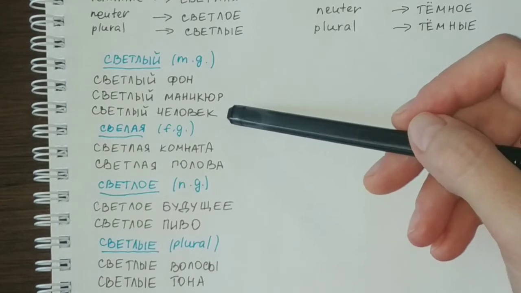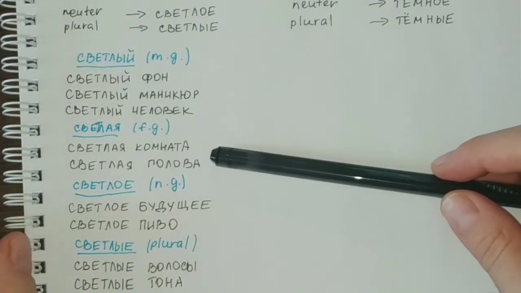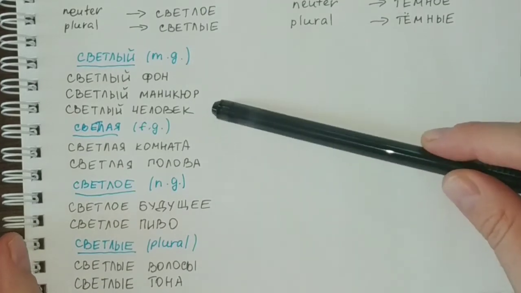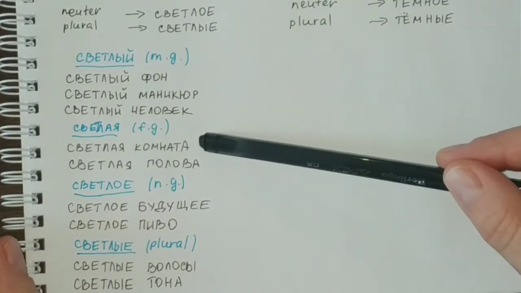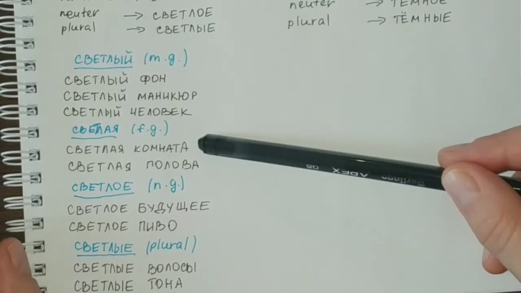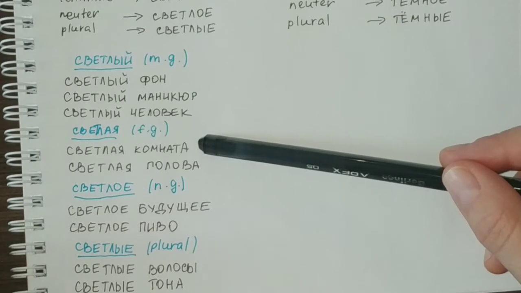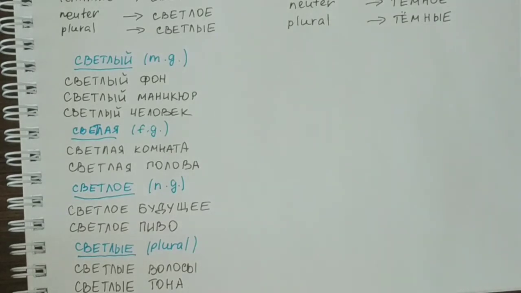Светлый человек. Next, we have examples for the feminine gender version of the adjective светлый, which is светлая. So we have светлая комната. Светлая комната. Комната means a room, and saying that a room is light, we of course mean that the room is very spacious or full of light, coming from the windows.